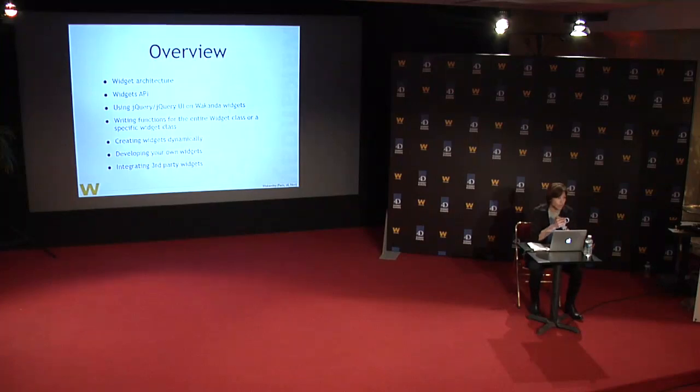The widget architecture, which is basically the HTML markup of our widgets, the widget API, using jQuery on our Wakanda widgets, the ability to extend the widget API framework so that you can create your own functions, also to create widgets dynamically, so when they're not on the page, you can actually create them in JavaScript, and developing your own widgets, also in JavaScript, which you can put into multiple Wakanda projects if you'd like, and also using a third-party plugin or widget to integrate it into Wakanda. So you can also use it in any of your projects.